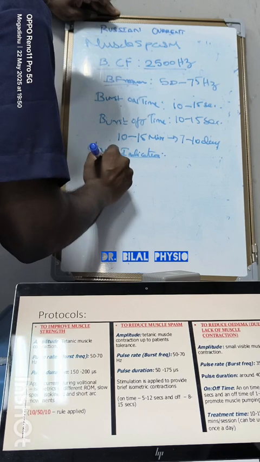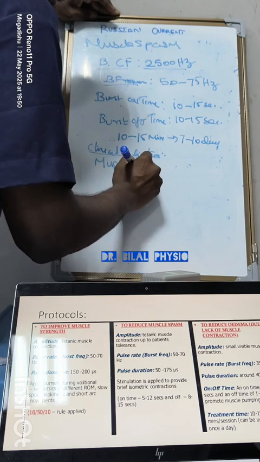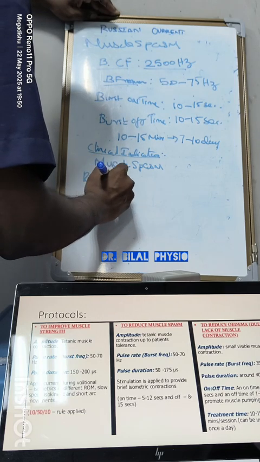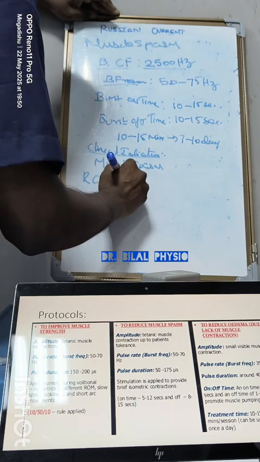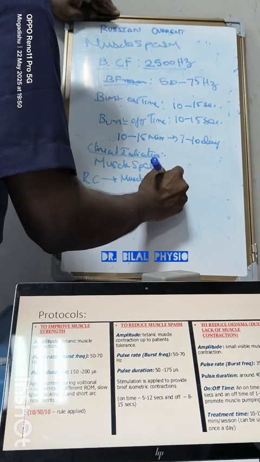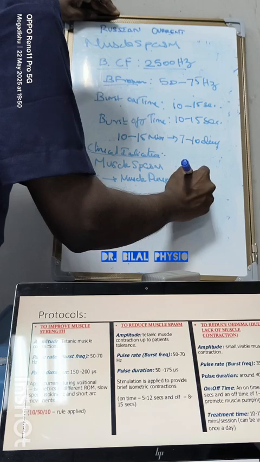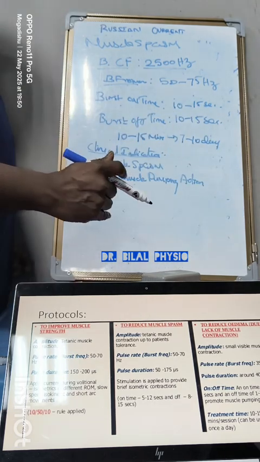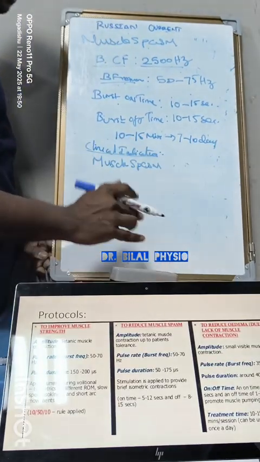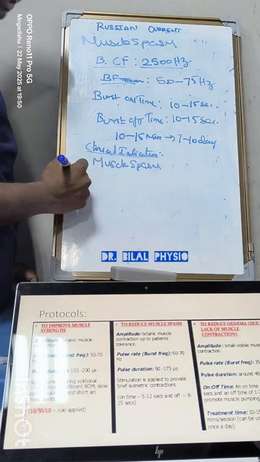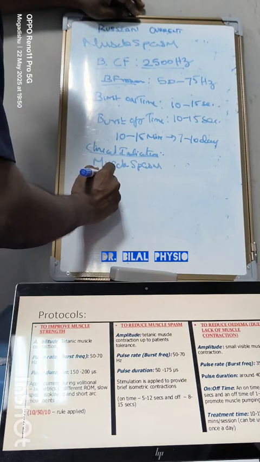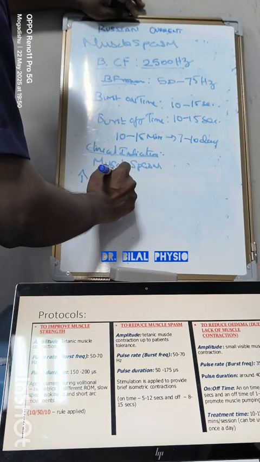So as we discussed earlier, for the clinical condition of muscle spasm, the Russian current causes a muscle pumping action. This muscle pumping action may increase the blood supply to the particular muscle.